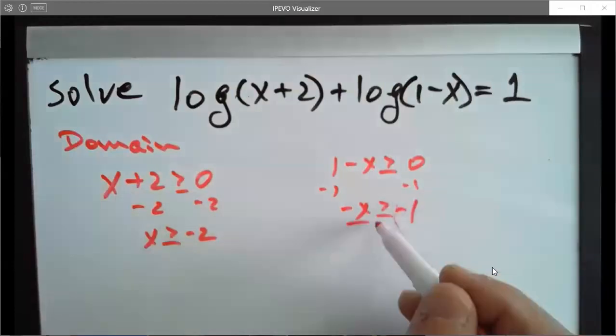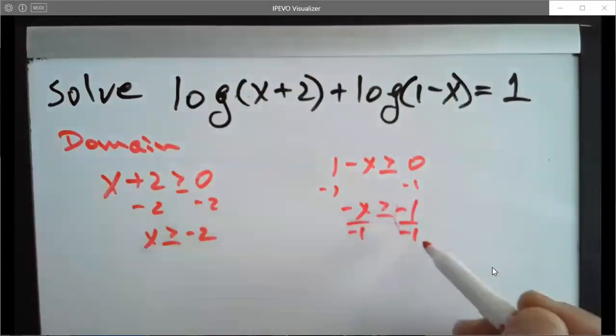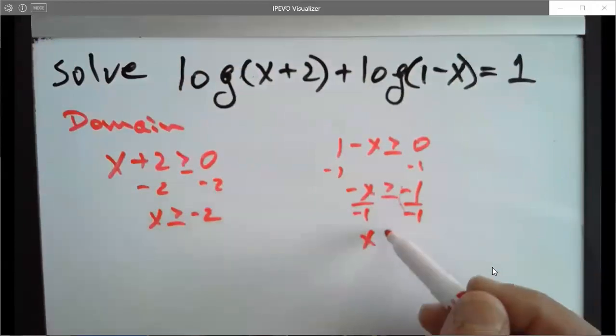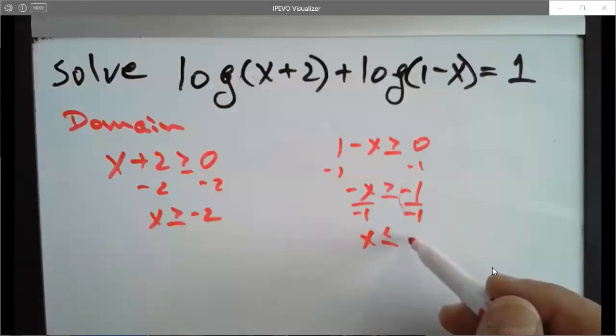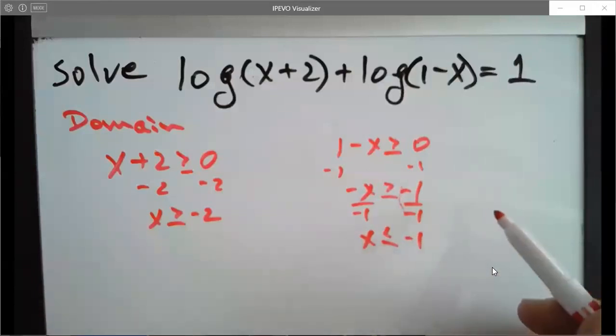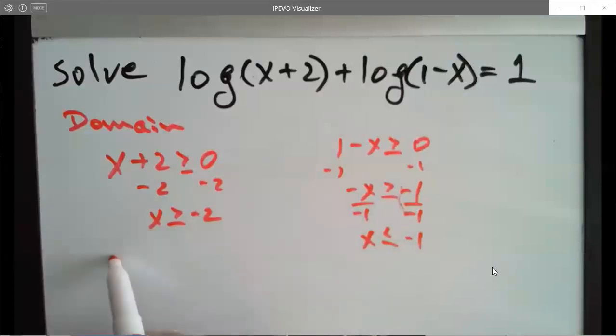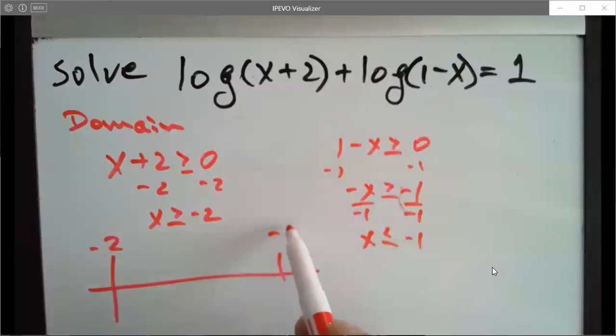We divide by negative 1 to get rid of that negative, so we have to flip the inequality sign. So x is less than or equal to 1. So x has to be greater than or equal to negative 2, but less than or equal to 1. So it has to be greater than negative 2, but less than 1.